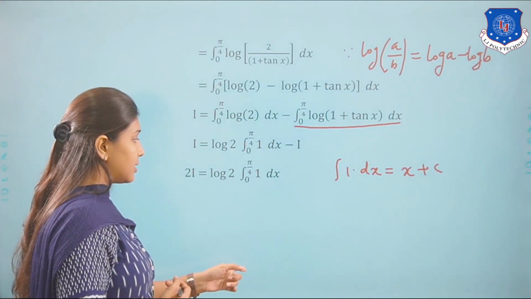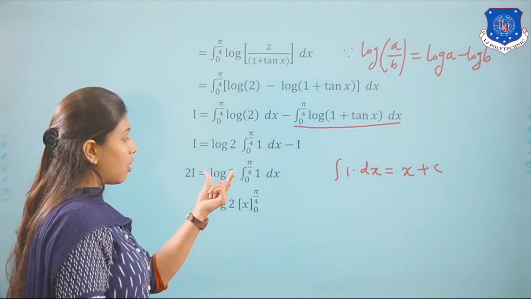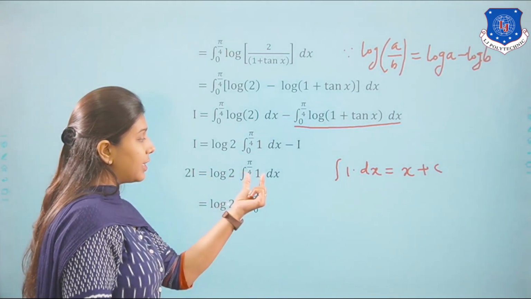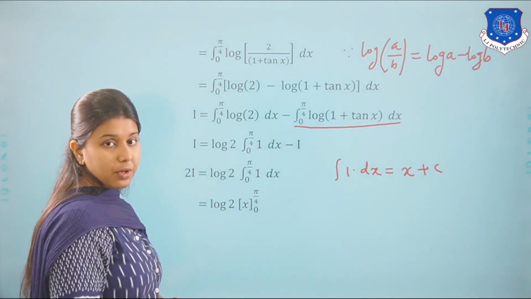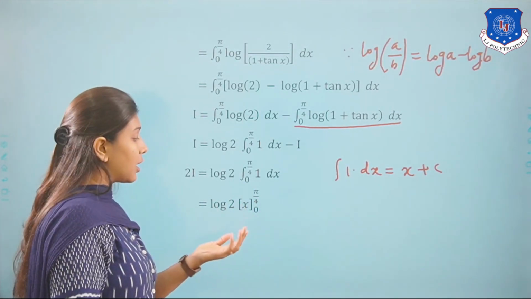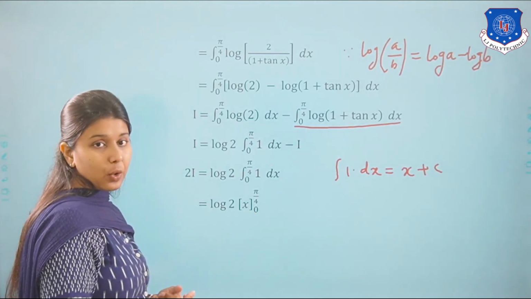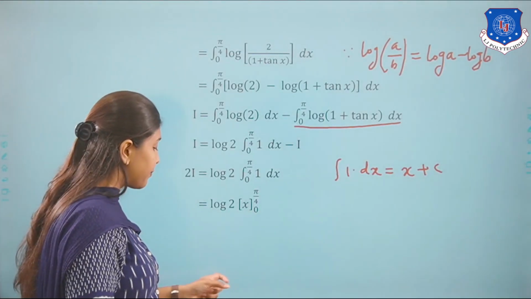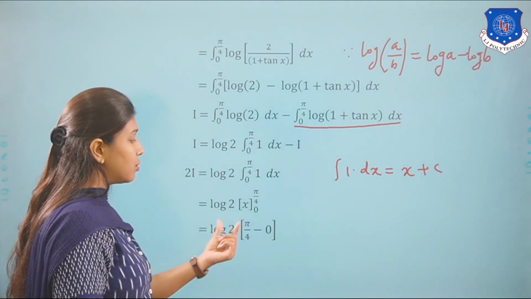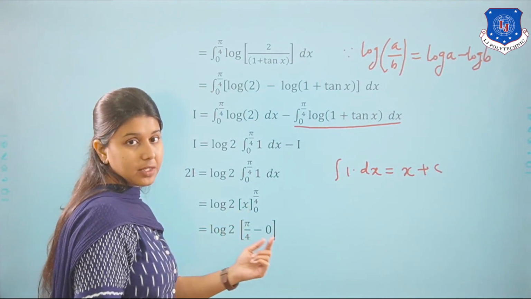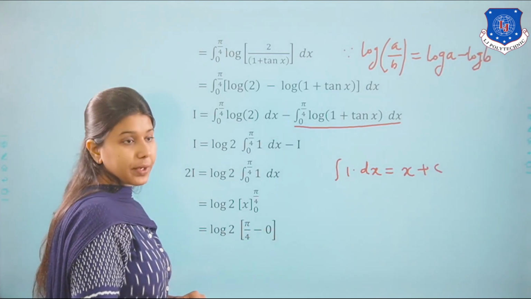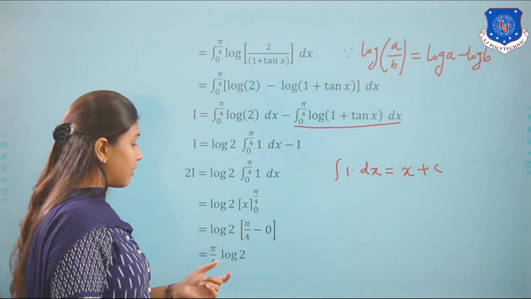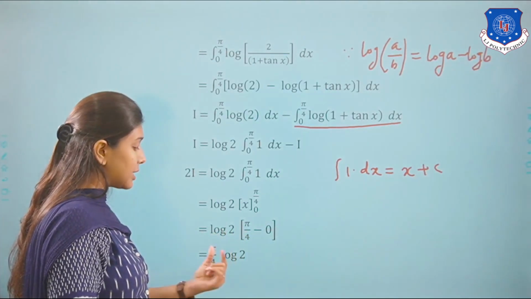So using this we have log 2 as it is and integration of 1 is x, limit 0 to pi by 4. Now applying both the upper and lower limit in your function, we have log 2 pi by 4 minus 0, that means upper limit minus lower limit. We have pi by 4 log 2.